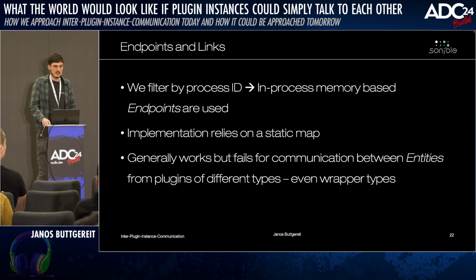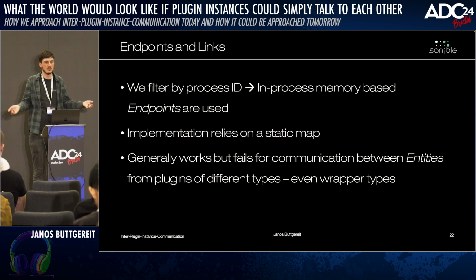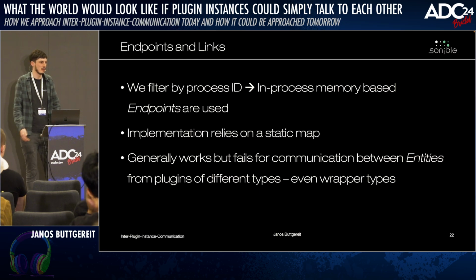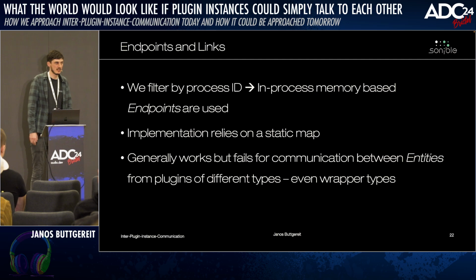But this has the boundary of the visibility of a certain static instance. So if we wanted to establish a communication channel between plugins of different type, let's imagine we wanted our compressor and our EQ to communicate because we see some good use case, this would not work with this approach because the instance of the equalizer and the instance of the compressor just have another static instance for this map, and they just don't see each other, even if they live in the same process.